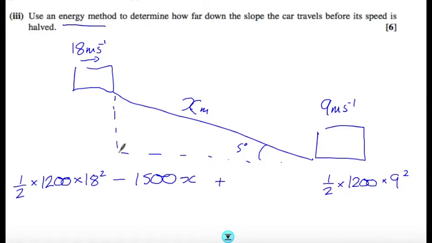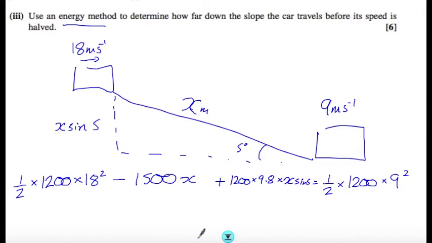It's fallen by this amount, which is x sine 5. So the amount of energy it will have gained will be m times g times h, where h is x sine 5.